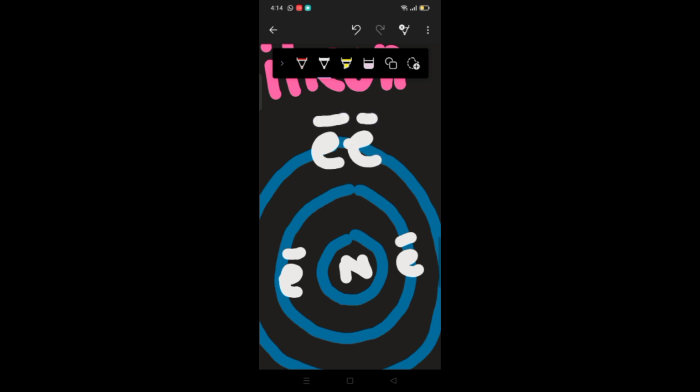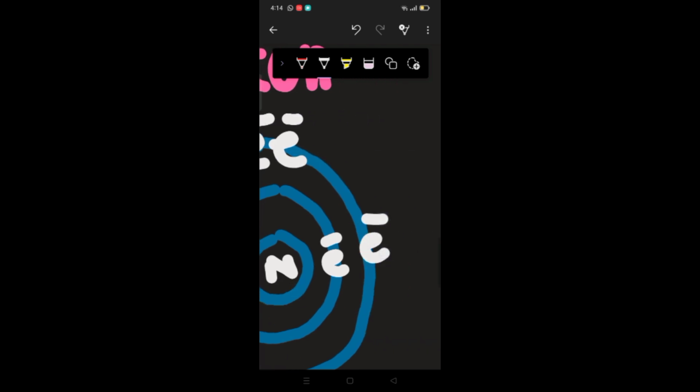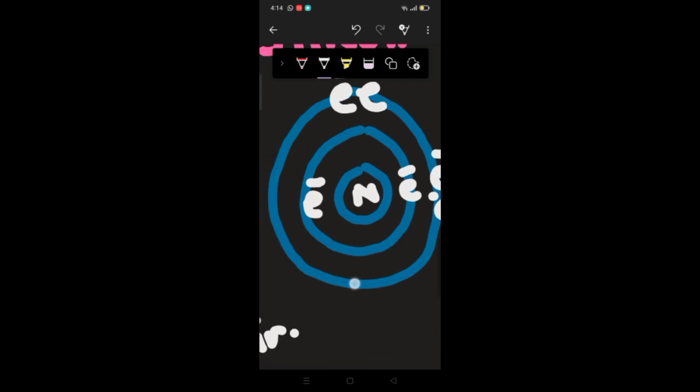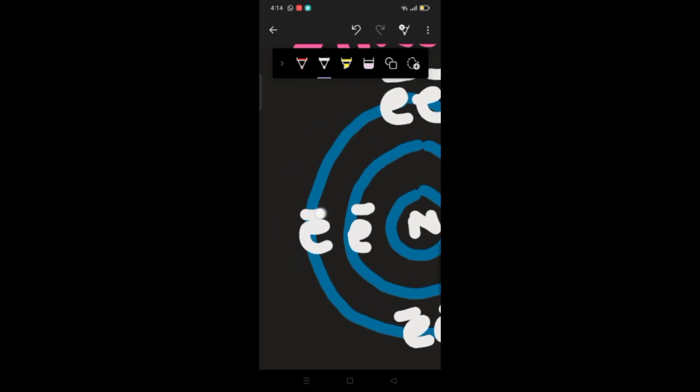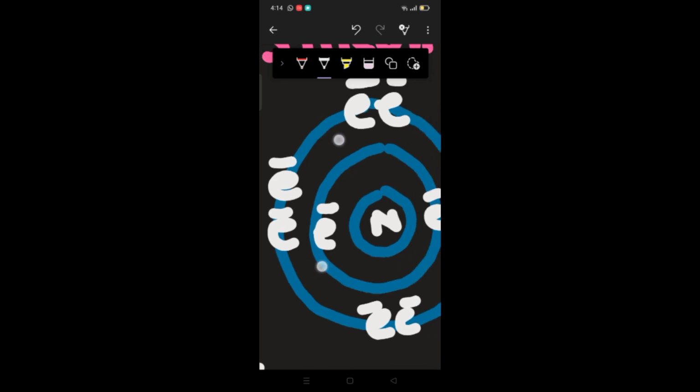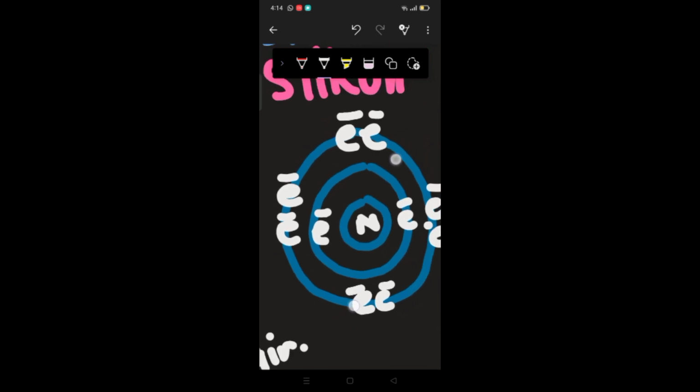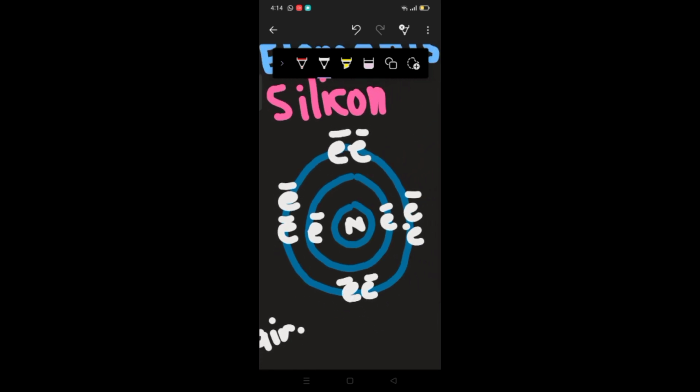1, 2, 3, 4, 5, 6, 7, 8. Alright, so I have made 8 electrons here. Now let's see how many electrons are left. 8 plus 2 is 10, and 14 minus 10 is 4. So 4 electrons are left.